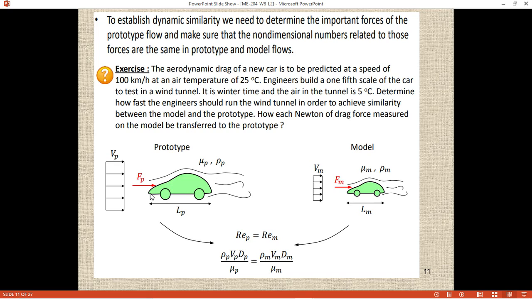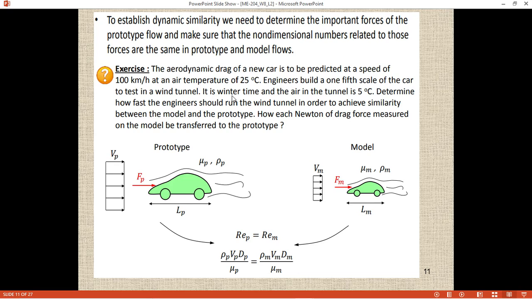So we want to run our prototype, the real-life object, in air at 25 degrees centigrade, with a velocity of 100 km per hour. The engineers built a 1/50 scale model of the car to test in a wind tunnel.